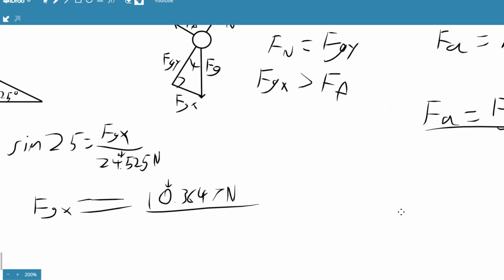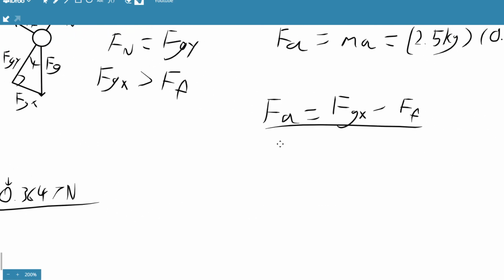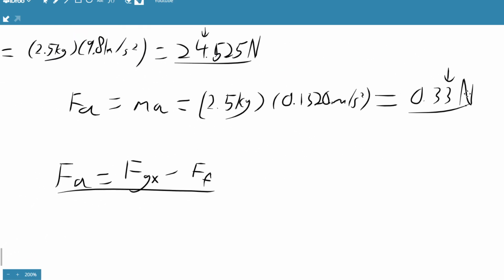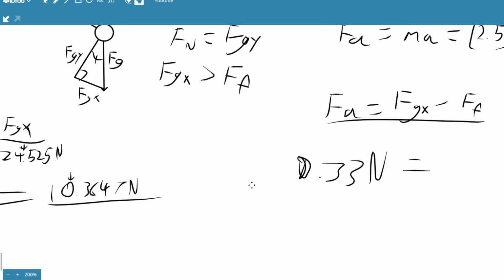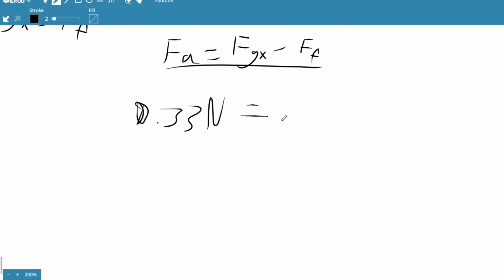Now that we have this, we can plug all our values in here. So FA, 0.33 newtons equals, what did I just get? 10.3647 newtons minus FF.